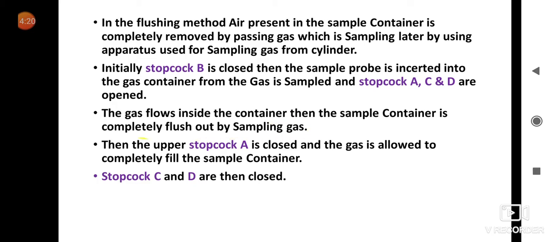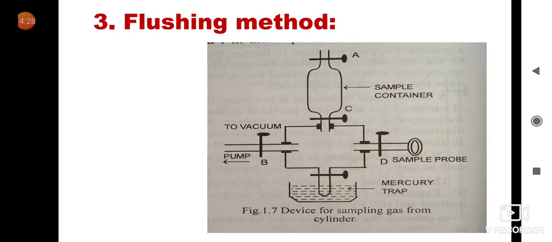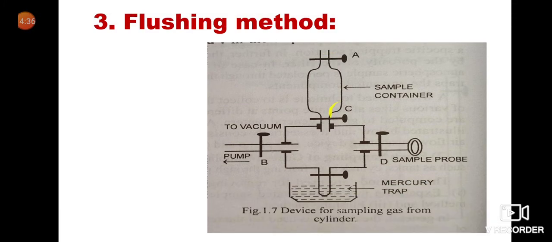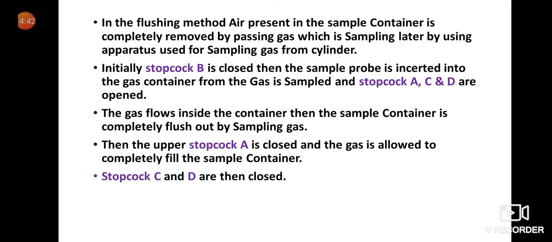Then the upper stopcock A is closed. Then only stopcocks C and D will be open, and B is also closed.